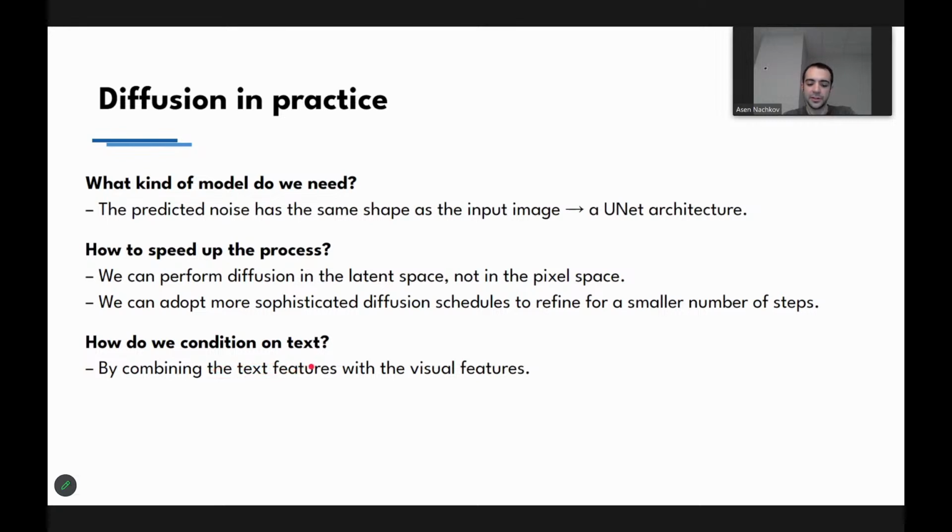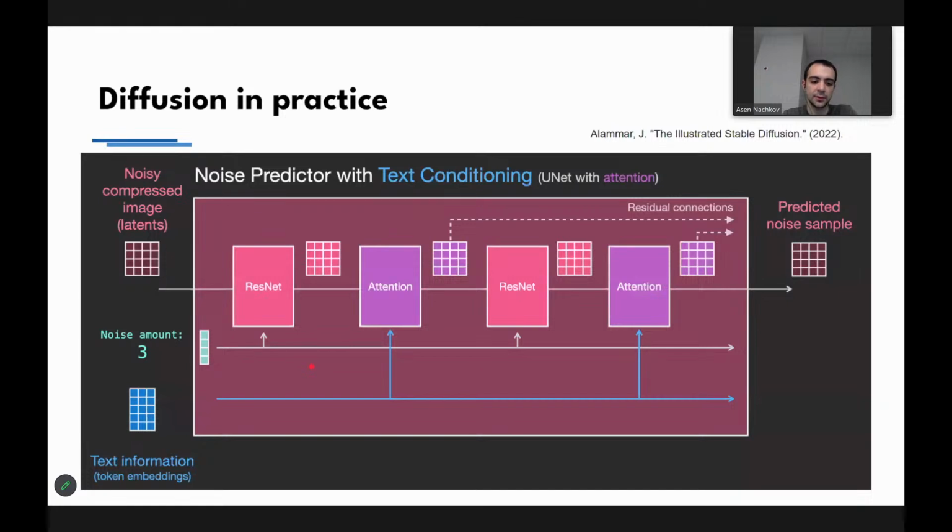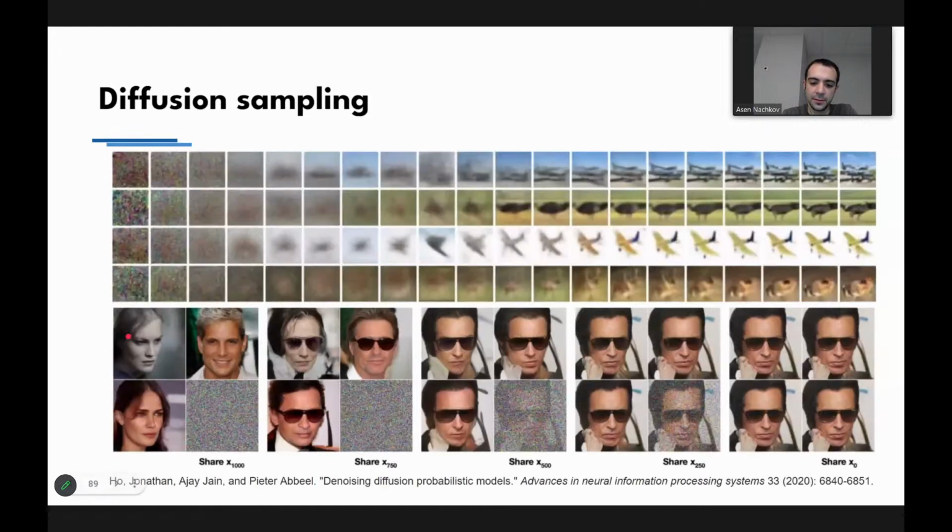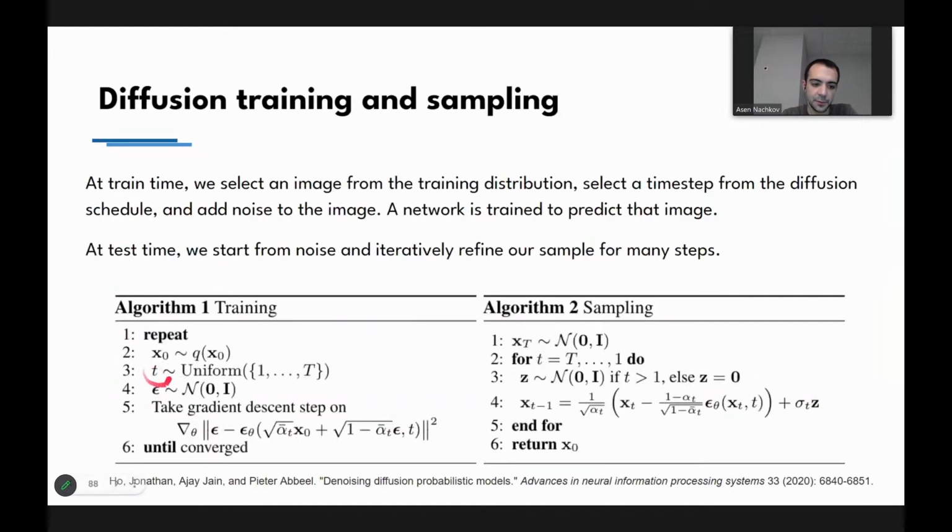And we can also condition our generation based on text. So as we saw in this diagram already, this is stable diffusion. We have the features from the image coming in here. We have the noise amount, so this would be the diffusion time step T, which has been sampled here.